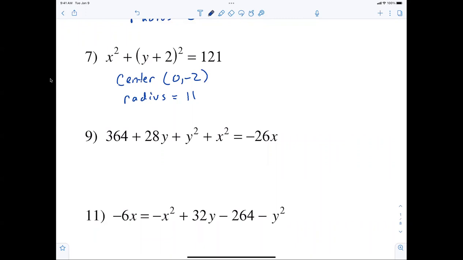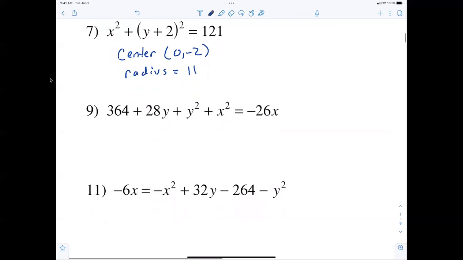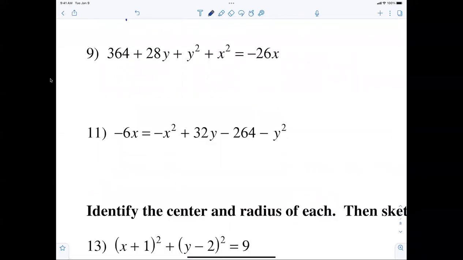Okay, so now we have a little bit of a problem because the rest of them are not in the right format. So we need to convert it from this, which I wouldn't even call general form. It's all out of order. So let's put it in the correct order. We want to group the x's together, group the y's together, and move the constant to the other side. What in the world does that mean?